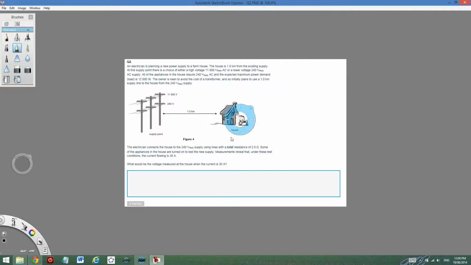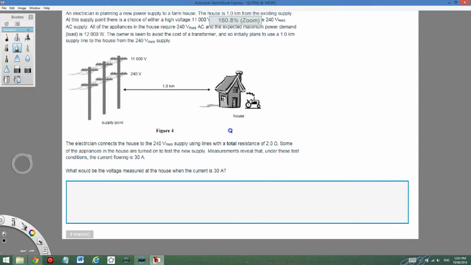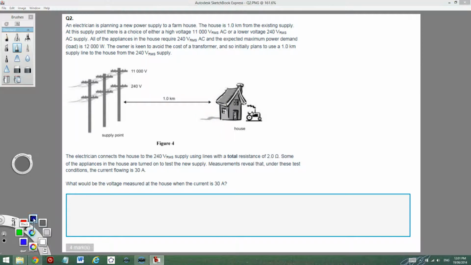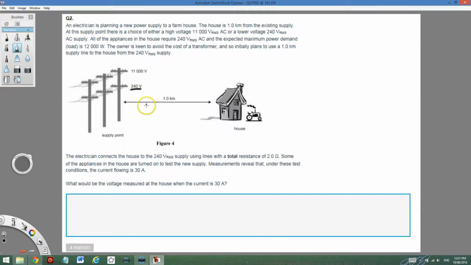Okay, now look at this one. Let me enlarge it. Look at this question for a minute. We need to find the voltage in the house. The idea is to treat it as a series circuit.